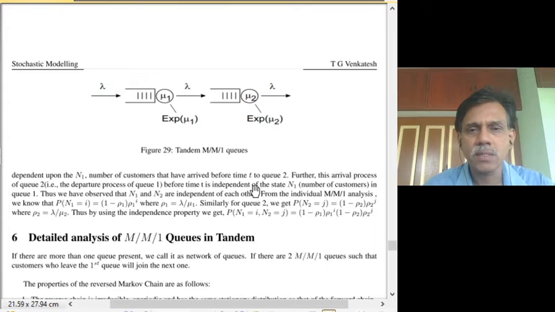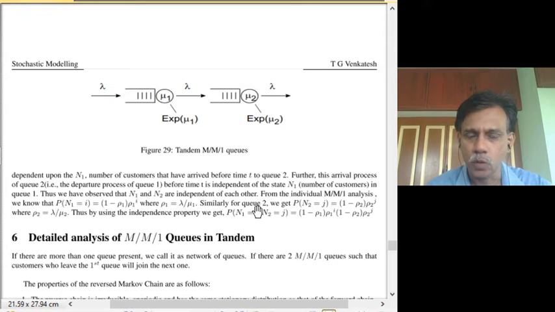Then because these two are independent MM1 queues, the probability that N1 is equal to I is simply given by the MM1 formula for the number of customers in the queuing system, which is (1 minus rho1) into rho1 power I, where rho1 is the server utilization factor of Q1, which in turn is lambda by mu1.